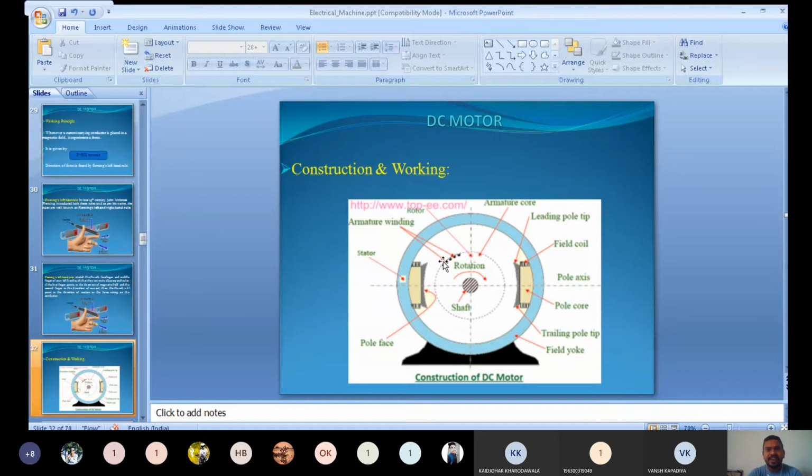In these slots winding is wound, and this winding is known as the armature winding. It is also of copper material.